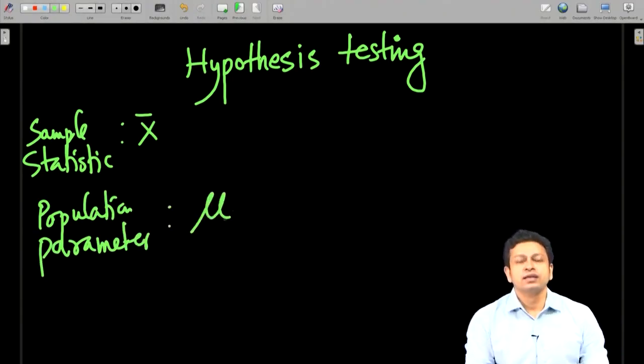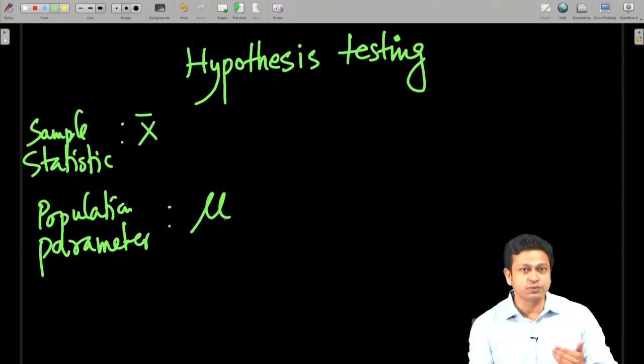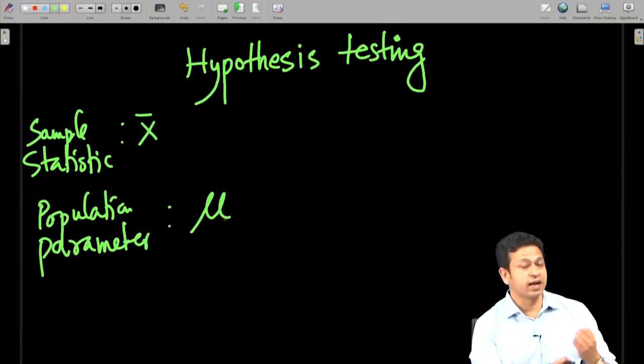Now, we know that we really do not know the population parameter, yet we have to estimate it. Because of this dilemma, that we have to estimate something and we have no clue about its true value, there are certain rules that we have to derive.